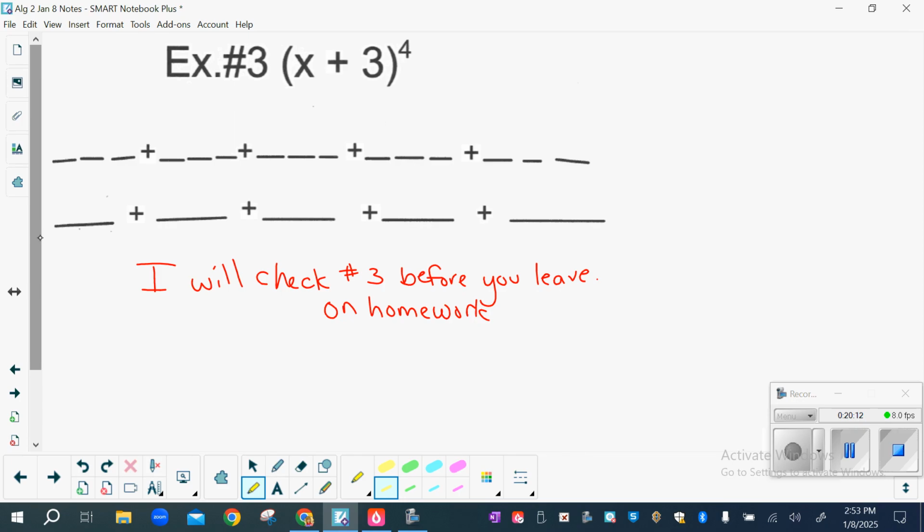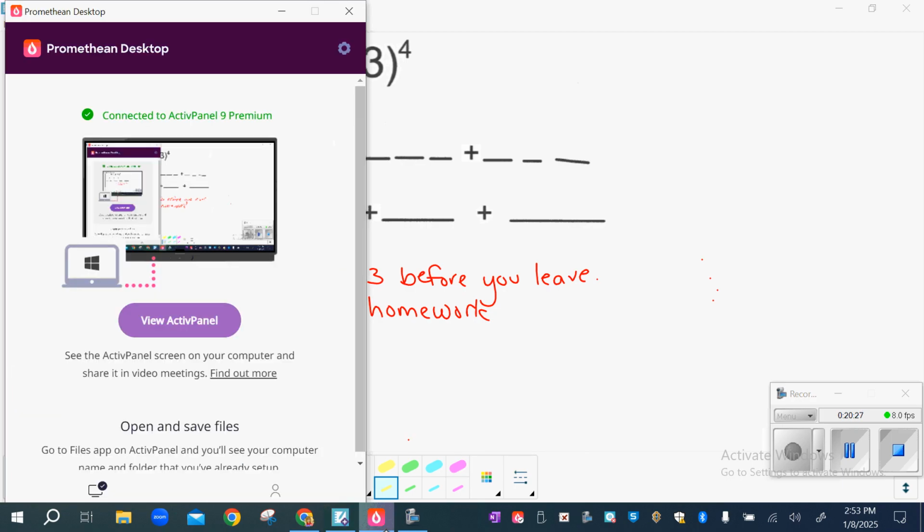Just like you said, remember the pattern actually. You should be doing this example on your own.